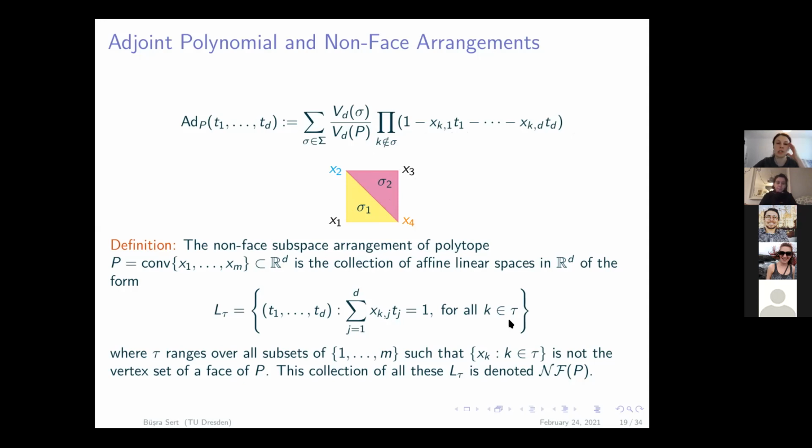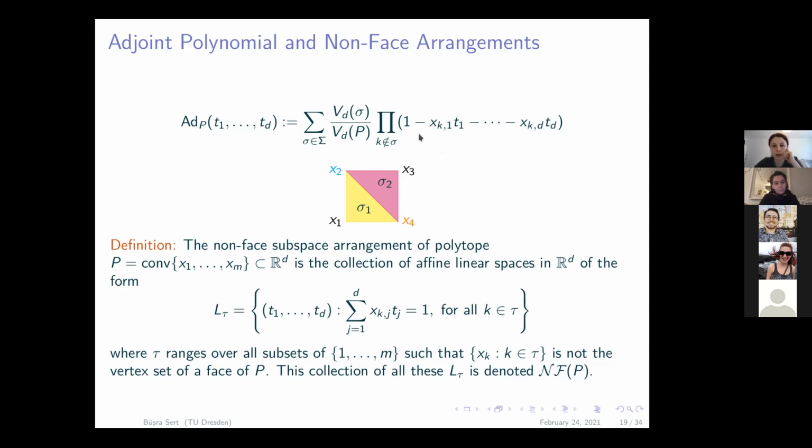And we mentioned that the generating function we chose doesn't depend on the triangulation we choose, as well as this adjoint polynomial. And in the case of simplicial polytopes, they give a kind of characterization of polytopes.